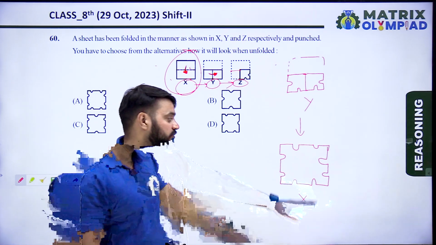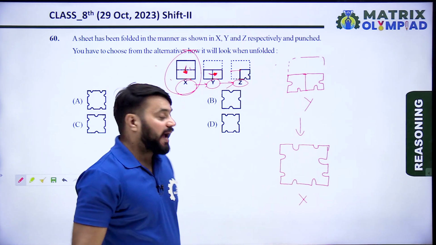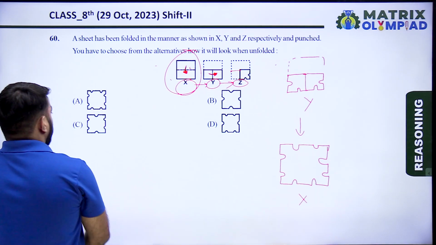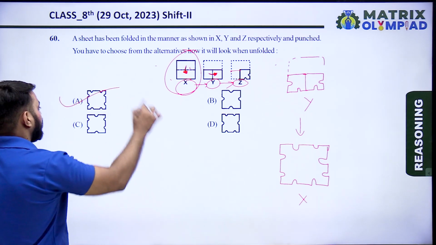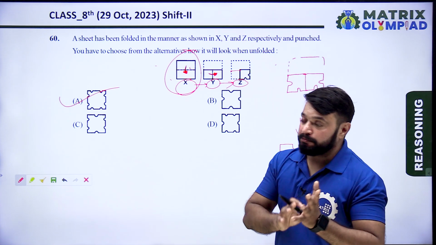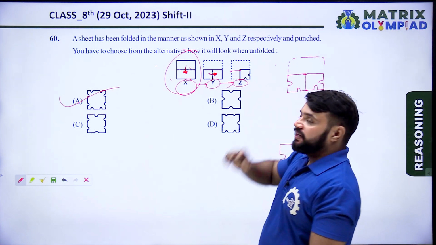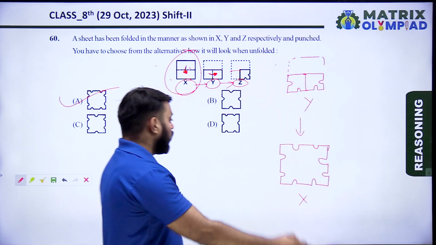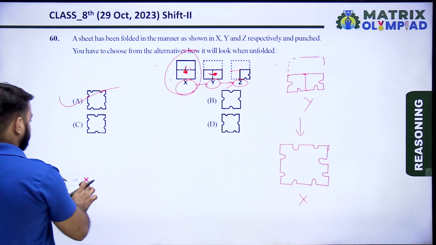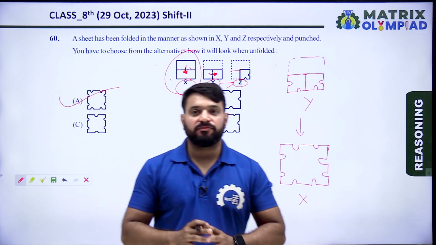It represents the unfolded paper. So here the correct answer is option A, because option A shows the correct unfolded paper of the given figure Z. So here option A is the correct answer of this question. Thank you everyone.